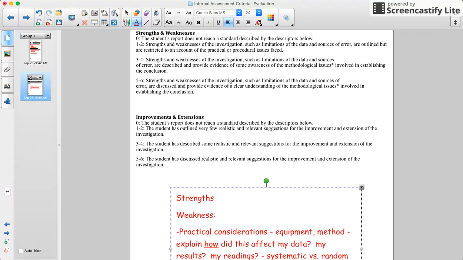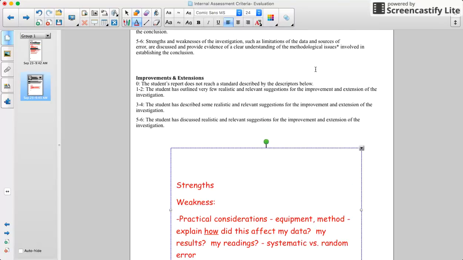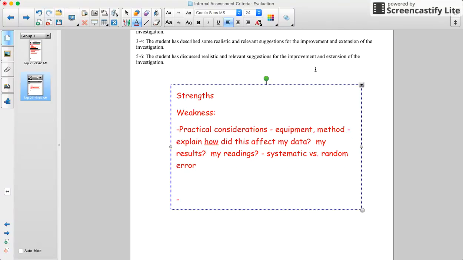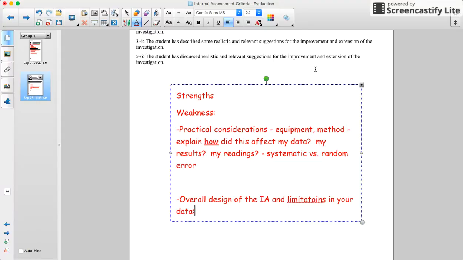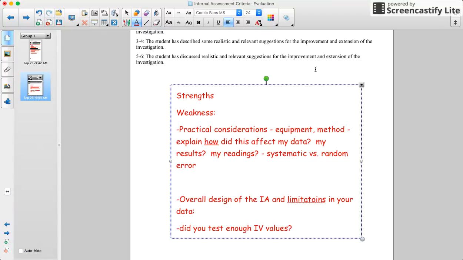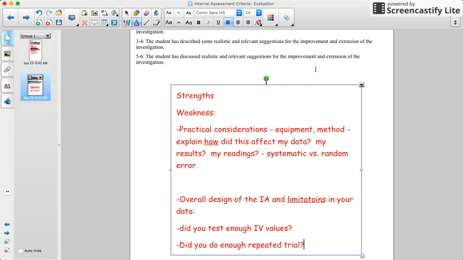Both 3-4 and 5-6 have some mention of methodological issues, which, as I've read further, have to do with the overall design of the IA and limitations in your data. So what does this mean? Did you test enough independent variable values to feel like you have enough data to go on to make a valid conclusion? Did you do enough repeated trials?